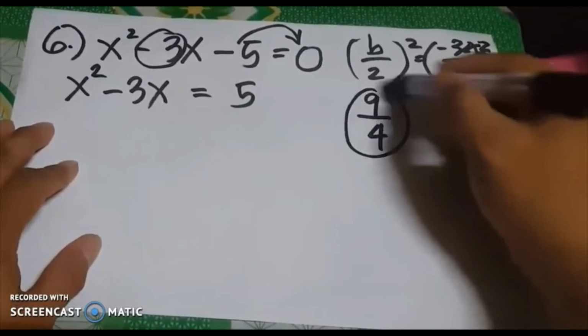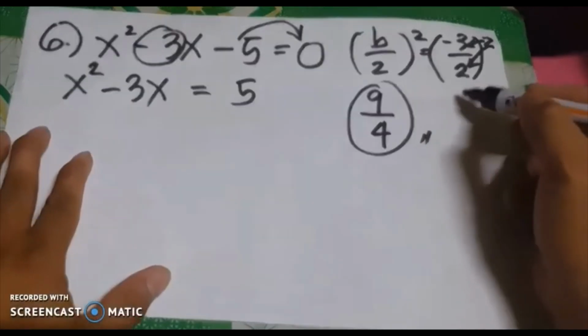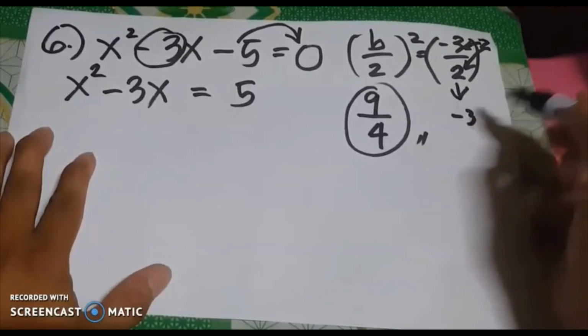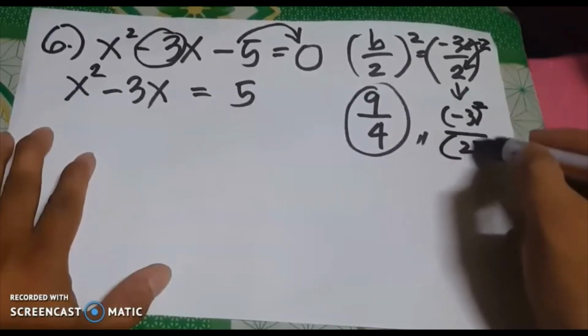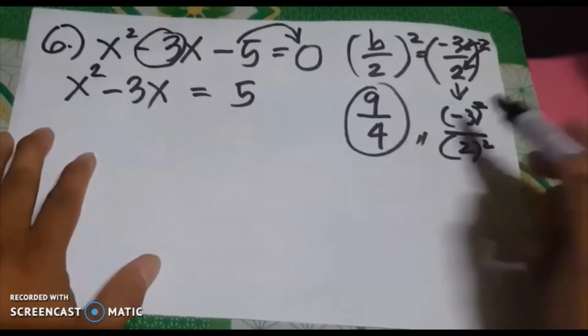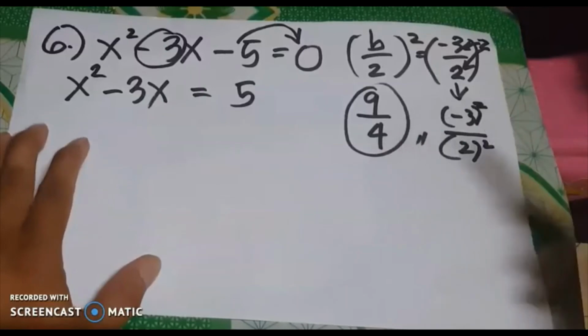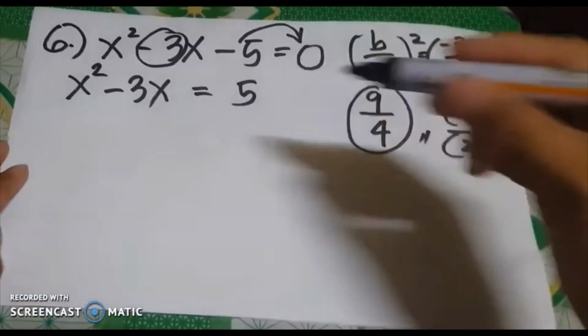So, we'll have 9 over 4 as the number to be added on both sides of the equation. Paano nangyari yun? Yung ginawa dito, ganito yun. Negative 3 quantity squared over 2 squared. So, negative 3 times negative 3 is positive 9. 2 times 2 is positive 4. That's why we do have 9 over 4. That number is to be added on both sides of the equation.